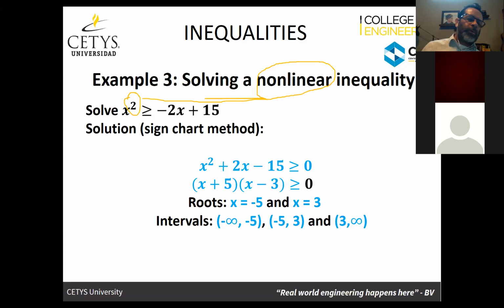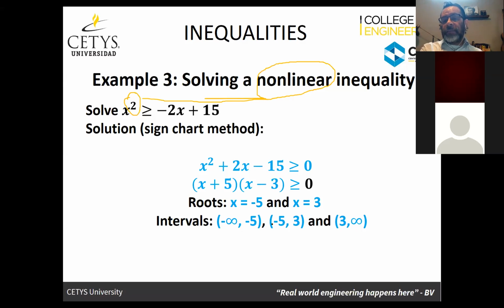Okay. So we were looking at this inequality here, and this is a nonlinear inequality. Again, we know it's nonlinear because of the x squared that we have here. We're going to follow some steps to solve this inequality, using the sign chart method. Step one is that we have to find the roots of the equation.